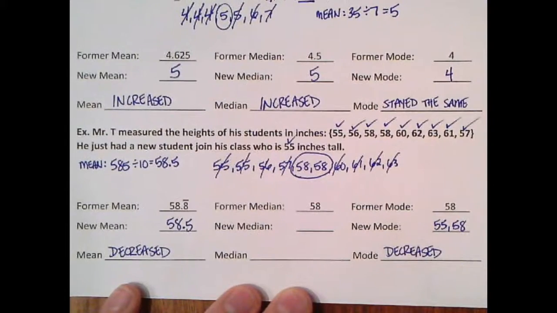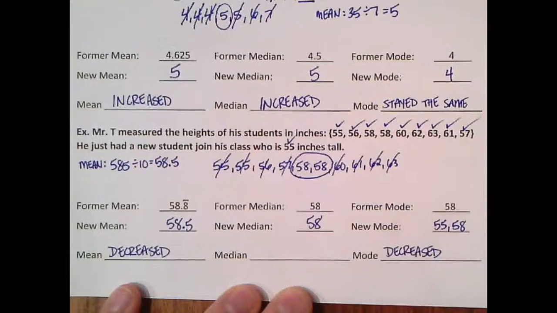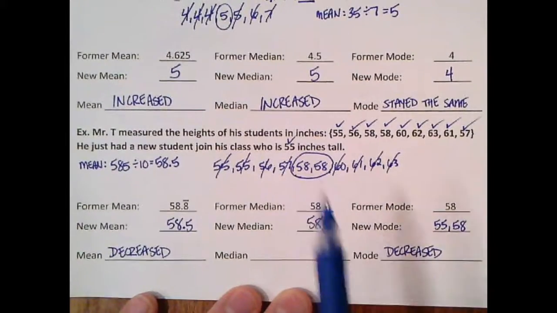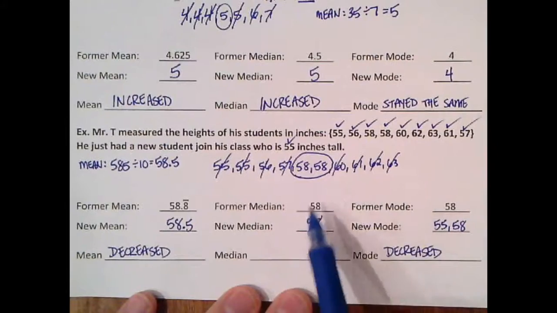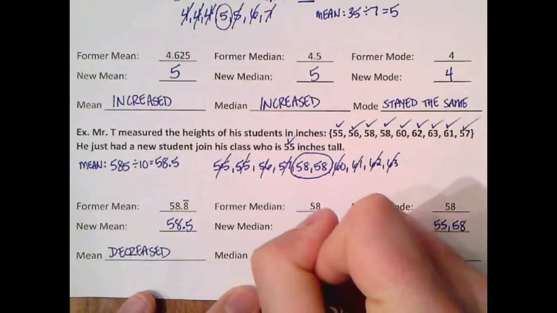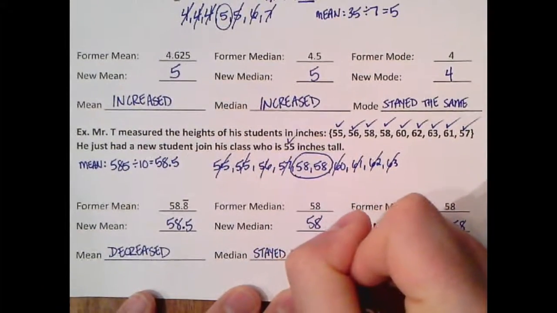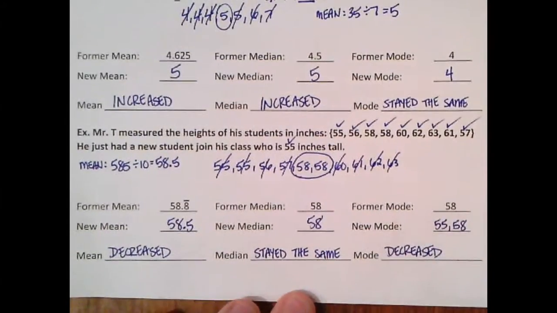But they're the exact same number, which means we do not have to do that math, because if you do that math, you're going to add them together, divide by 2, and you're going to be right back to where you started at 58. So this is one of those situations where when we add in a value, it does not impact the median. So that number stays the same.